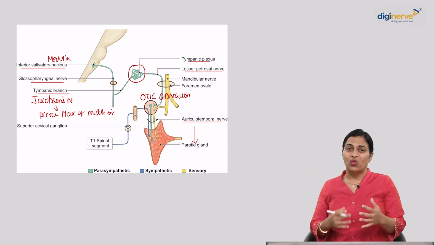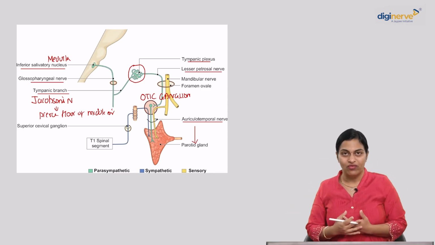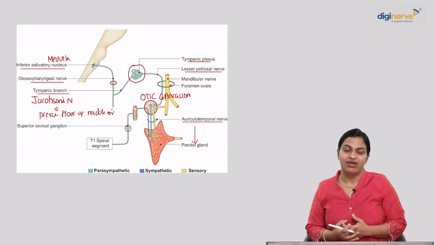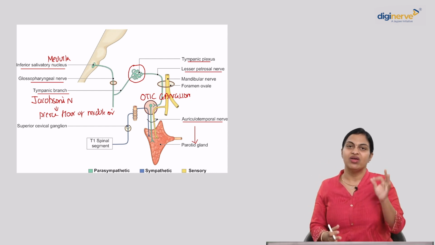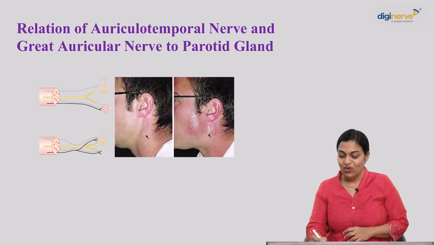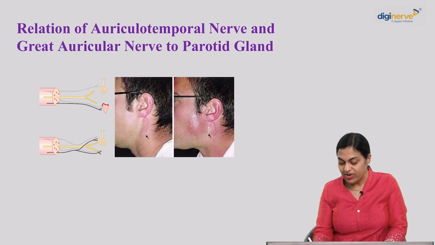Okay. So in your competitive exams, they give you all the components of this pathway and ask you to arrange it in a sequential arrangement. So it is very important to memorize the secretomotor pathway. It's easy. Again, what is this syndrome called? You must be thorough with it, right? So this is the parotid gland.